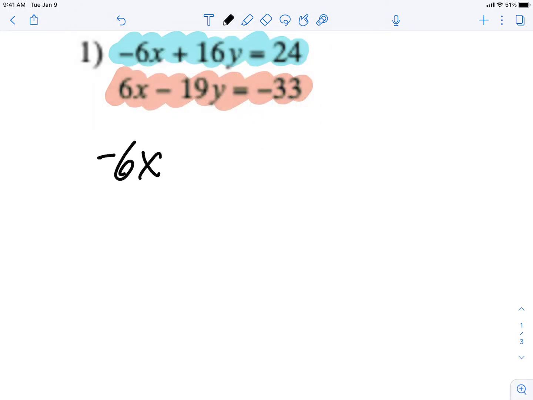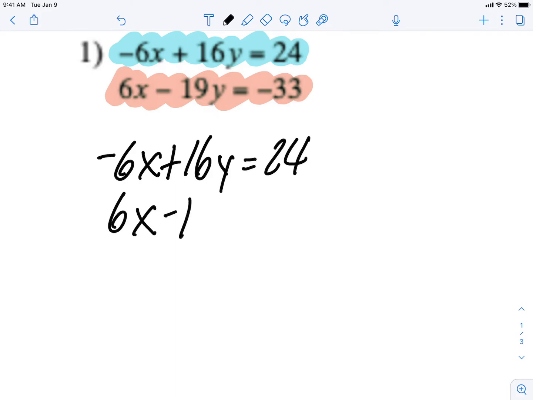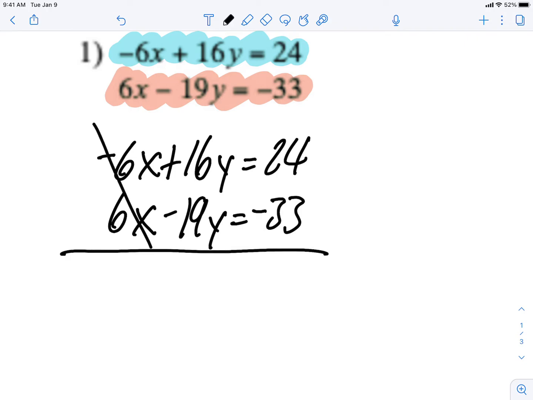So negative 6x plus 16y is equal to 24. 6x minus 19y is equal to negative 33. Look at this, those cancel out right there. Negative 6x and positive 6x cancel each other out.